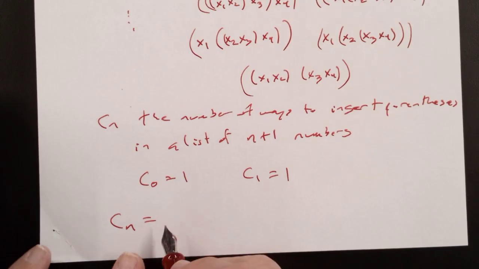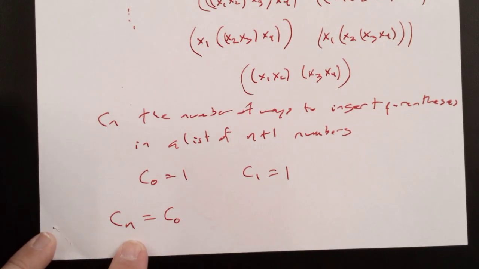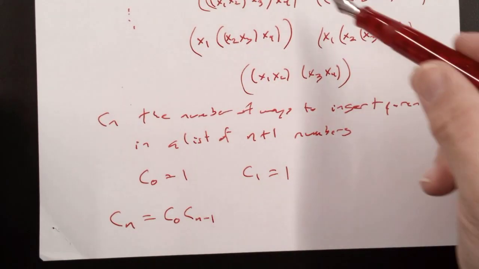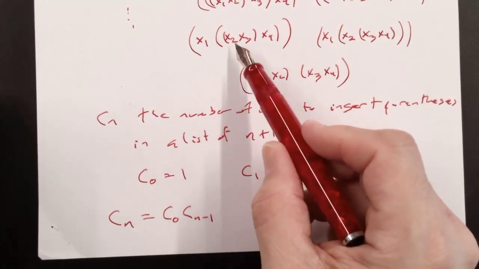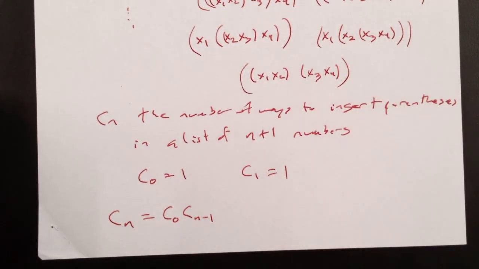So I could say, I'm going to do one at the beginning, and then I'm going to do the rest of them. That was these two ideas, right? I did one at the beginning, then I did the rest of them.